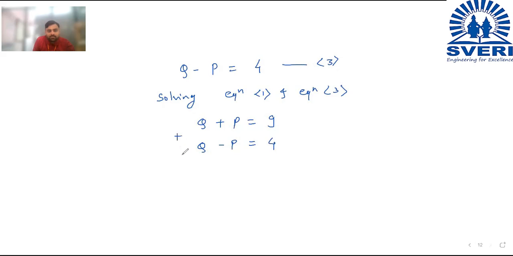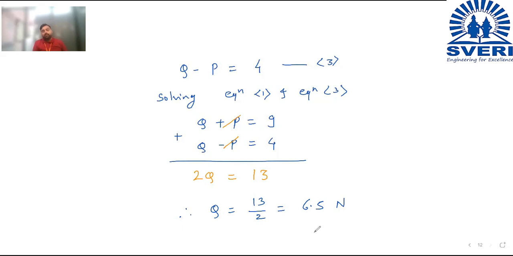So if I add these two equations, then plus p and minus p will get cancelled. What will I get? Q plus q is 2q. So 2q is equal to 9 plus 4, which is 13. 2q is equal to 13. So therefore q is equal to 13 by 2, which is equal to 6.5 Newton.